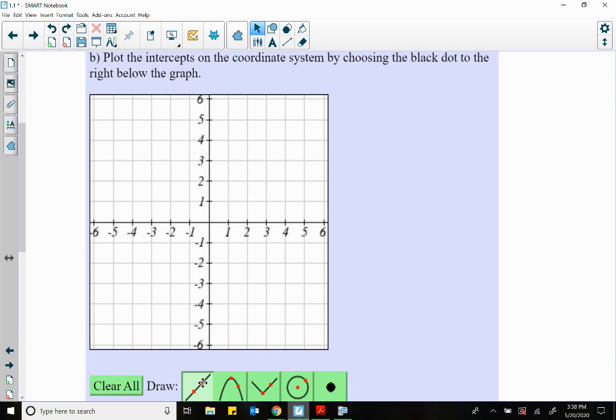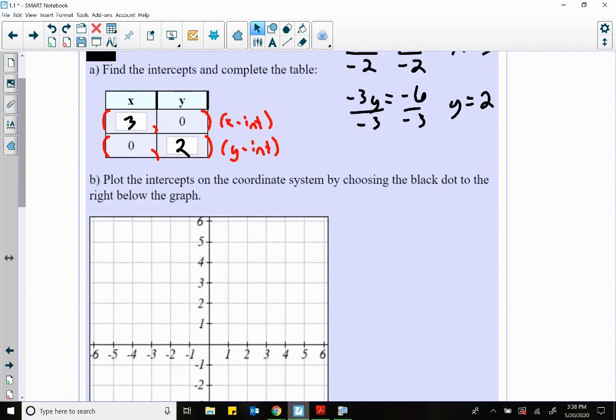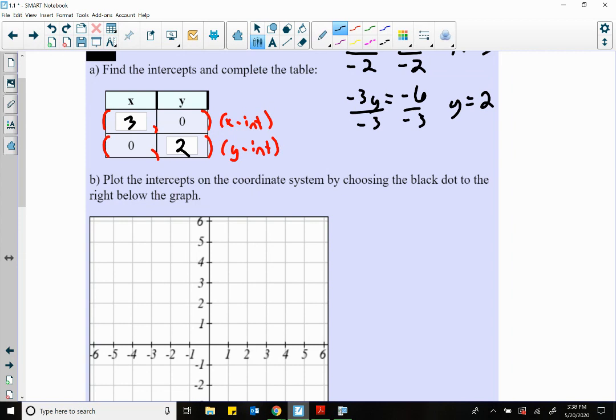You'll know it's been pushed when it becomes a lighter square. So you push on this, and then all you're going to do is, as accurately as possible, put a dot at 0, 2, and it will put a dot there for you. I think they end up being red when they actually are put on the screen. It's either red or blue. It's one of those two. And then you're going to put a dot at 3, 0.